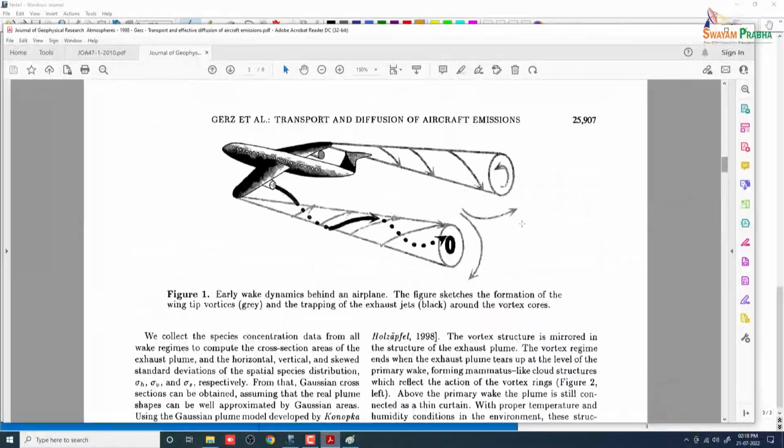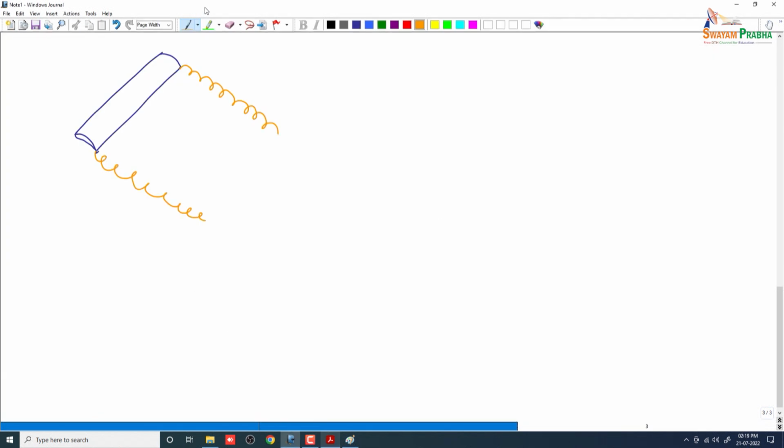Okay, so as I'm talking about, the exhaust from the airplane, as you can see, right? These are the tip vortices, right? So this exhaust from the airplane is isolated and concentrated primarily in the two wingtip vortices, right?